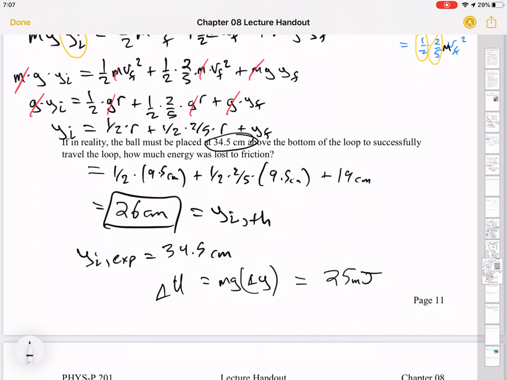So yeah, any problem where we have rolling motion, we should think about the rotational kinetic energy as well as the linear kinetic energy.